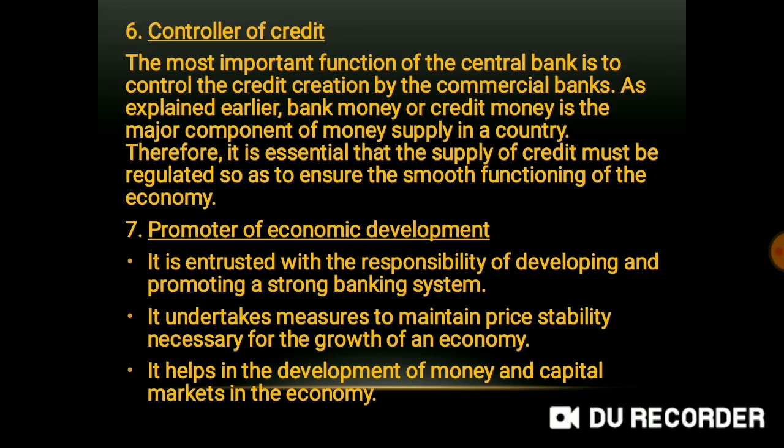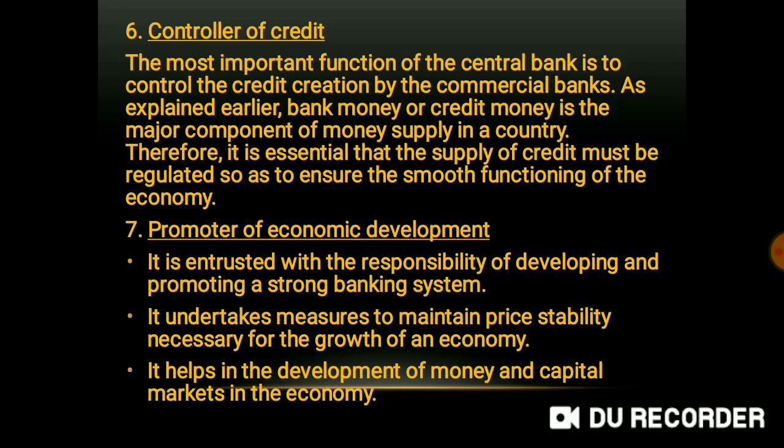Secondly, it undertakes measures to maintain price stability that is necessary for the growth of an economy. Out here, the central bank of the country usually manages the credit of the economy to maintain price stability in the economy.